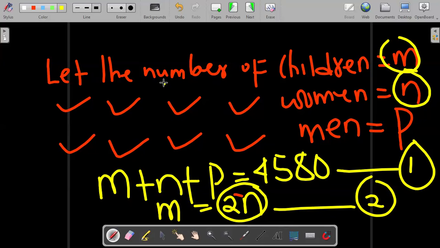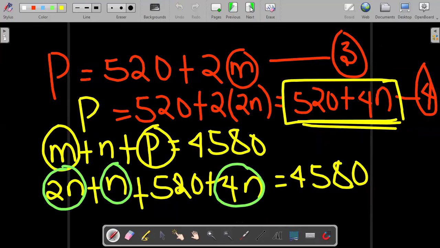I'm done. Good luck. Are you done with this first page? If you are done, let's make a shift to the next one.